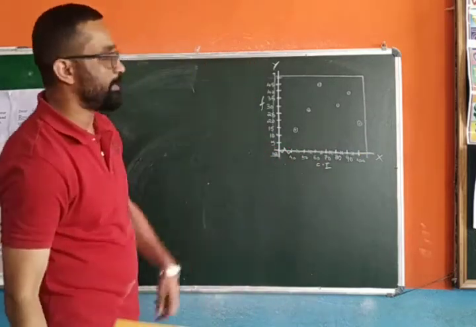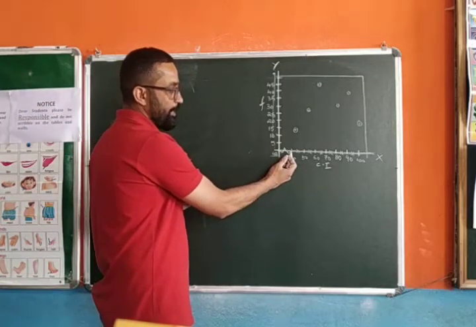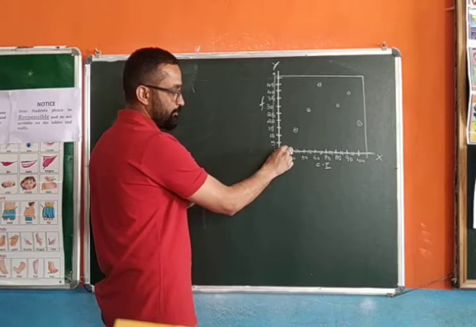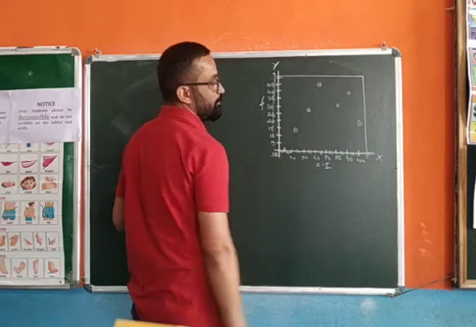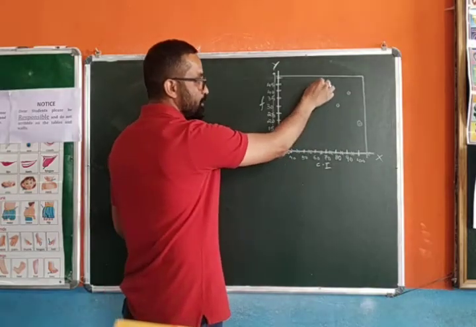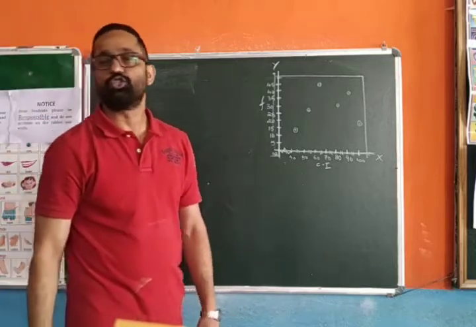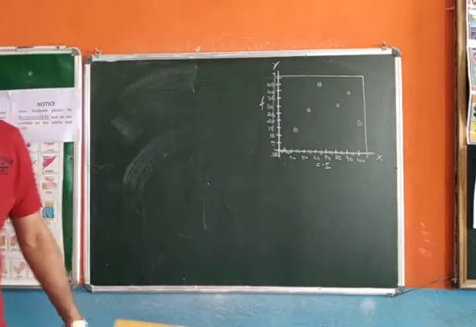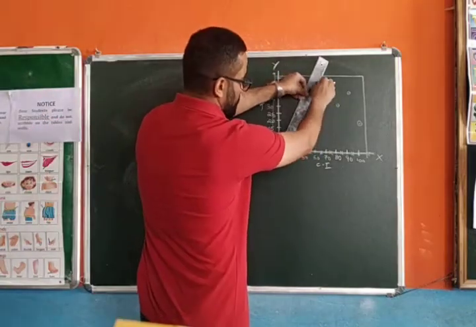Once you complete these markings, on the left side of 40 you again mark it here. On the right side of 100 again you mark it here. And these 2 points, all these points, use ruler and join them. Ruler to be used.